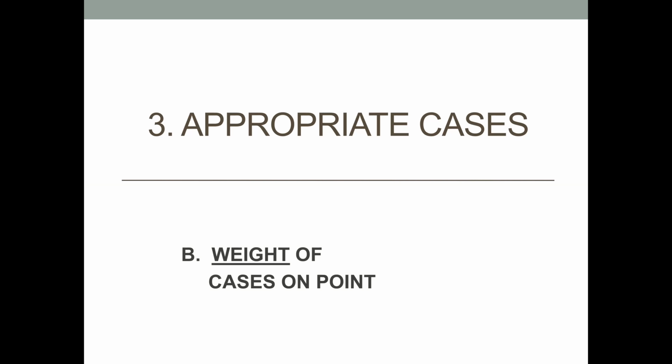Now, once you have determined which cases are on point, and especially if you have multiple cases on point, then sub-step B will involve ascertaining the weight that those cases on point will potentially carry in your client's court, or if your client's not yet in a court, the court that would be involved were your client's case to go to court.